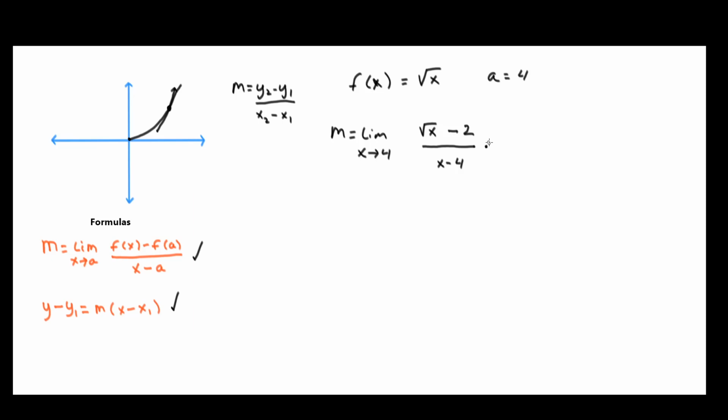So we'll multiply both the numerator and the denominator by radical x plus 2. And then we end up getting x minus 4 over x minus 4 times this value here.